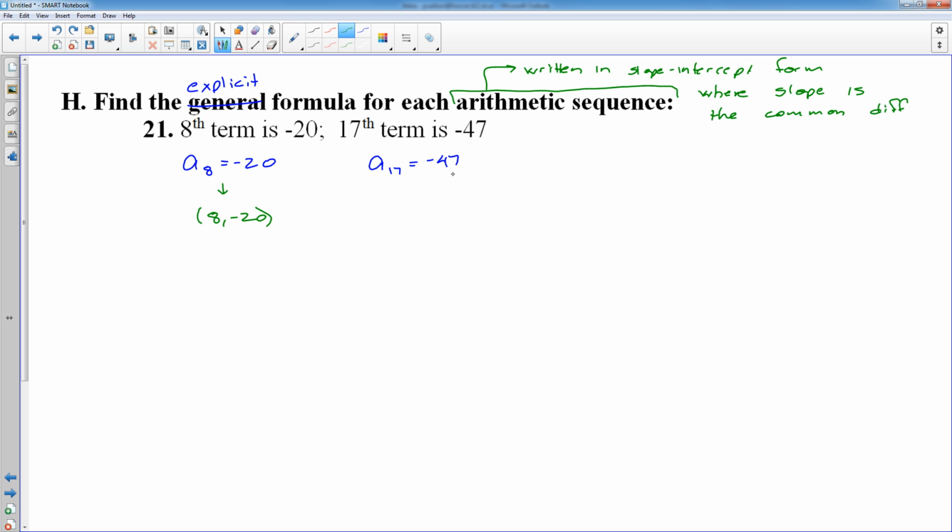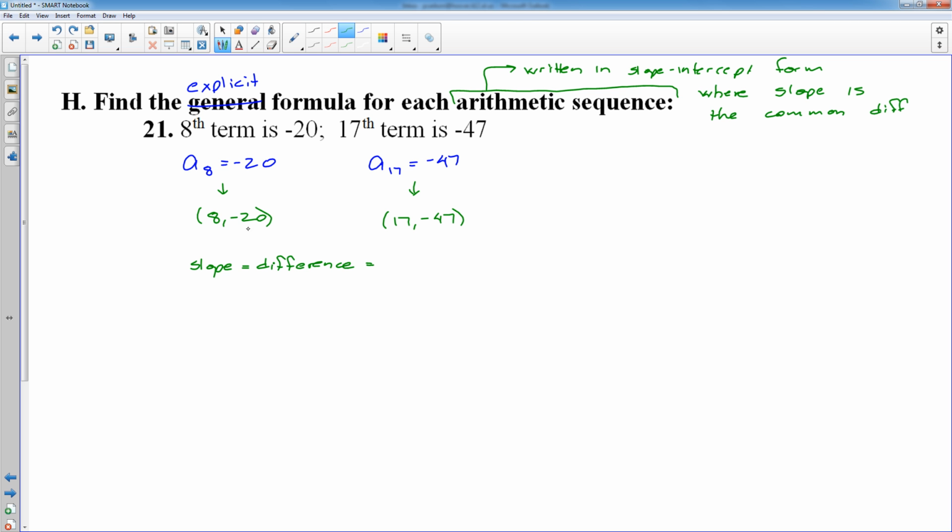When I plug in 17, I should get negative 47, so it's almost as if I'm plugging in 17 for x and I get a y of negative 47. So I have 2 points. The 8th term is negative 20. The 17th term is negative 47.